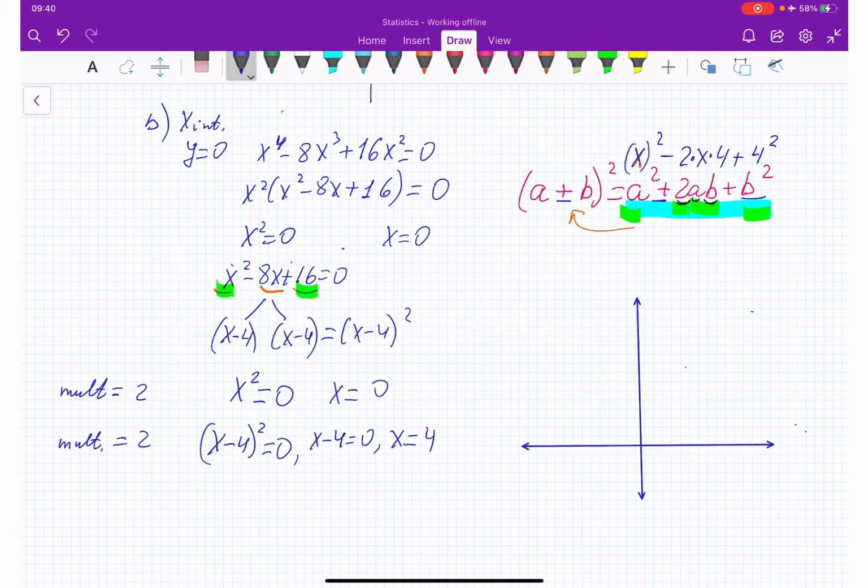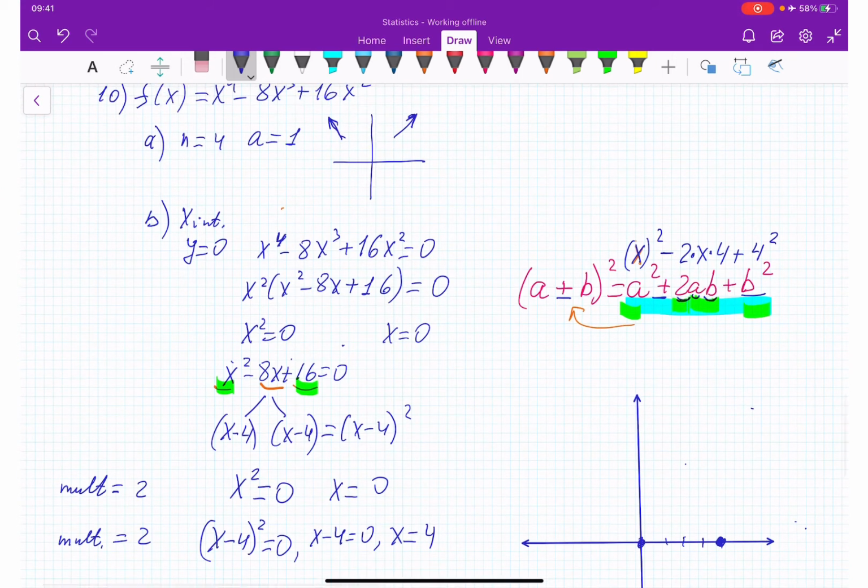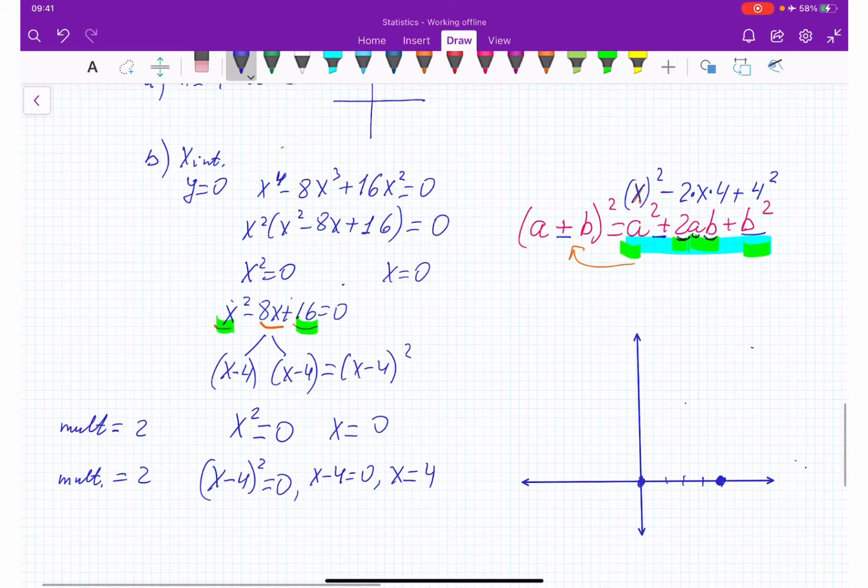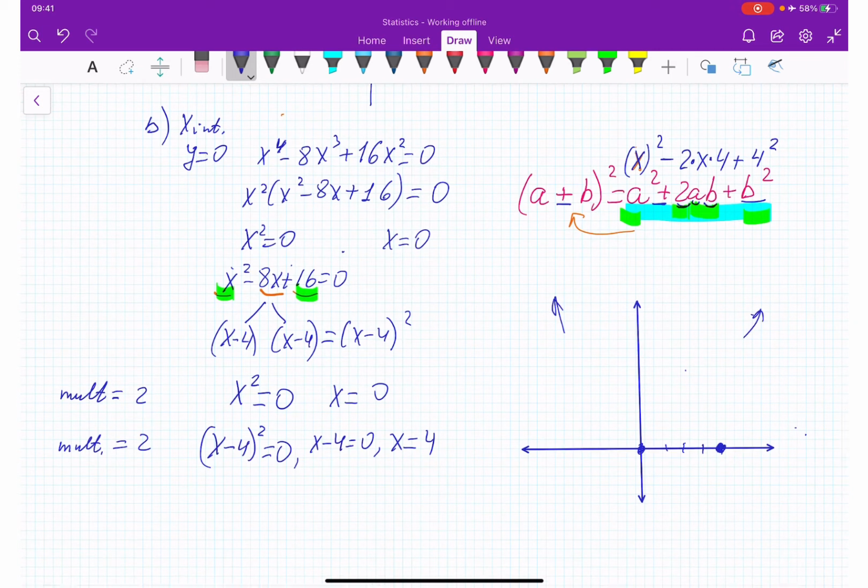So x is equal 0. This is one point. The other point is 4. 1, 2, 3, 4. This is the other point. We have 2 points. Our end behavior goes up. We remember that, right? It goes up. Now, multiplicity for x equals 0 is 2, which means it's going to curve around or turn around.